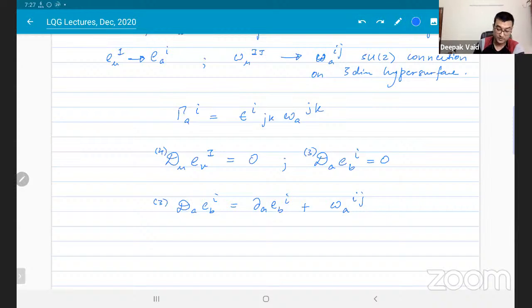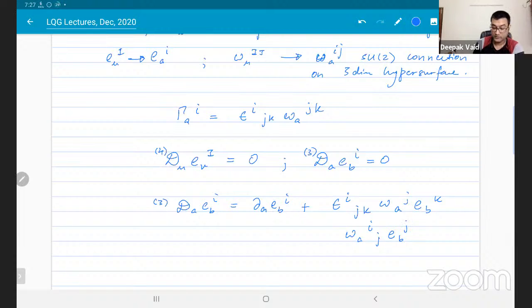Or actually, epsilon ijk omega_a j E^b_k. You can write it either way. You can write omega with 2 indices or with 1 index.